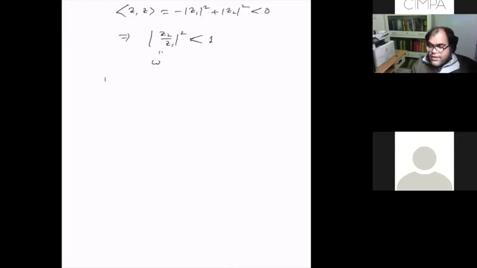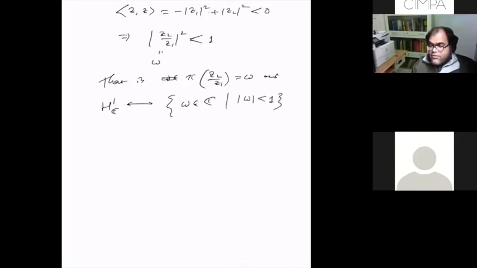Okay, so that is, you remember my map pi. So pi of Z2 by Z1, that is W, and H^1_C can be identified with W in C such that mod W is less than 1, which is the disk model.